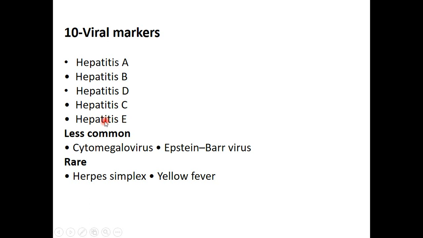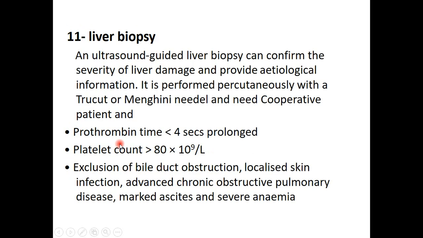Hepatitis type E, also HEV antibody, you can send it. You can send for other viruses like CMV and EBV, cytomegalovirus and Epstein-Barr virus, and herpes simplex virus and yellow fever viruses. Finally, an important test in investigation of a patient with liver disease is liver biopsy.